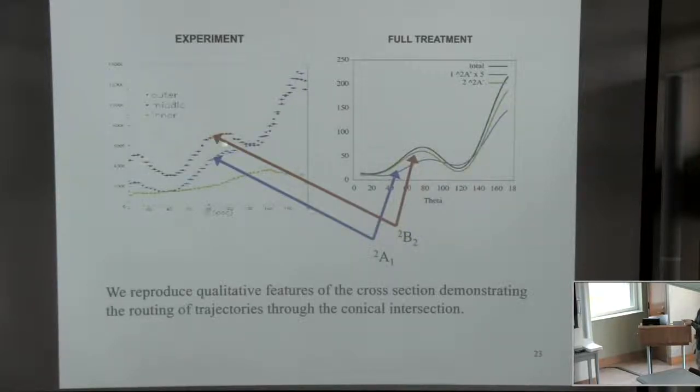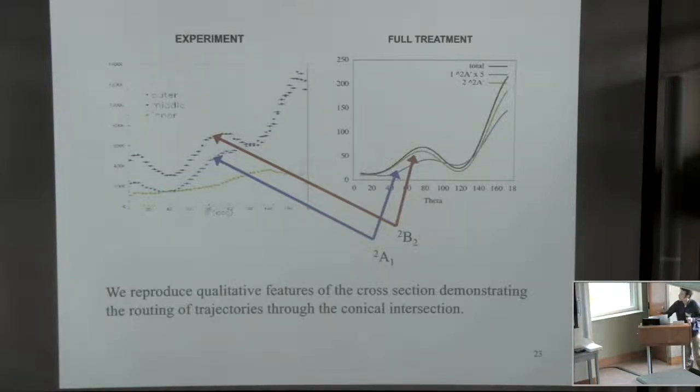This is the B2 data. We see that peak at an angle short of 90 degrees. Whereas for those on the A1 state, arguably you could say that peak has shifted further in the backwards direction, in both theory and experiment. So this does demonstrate the routing of trajectories through that conical intersection.